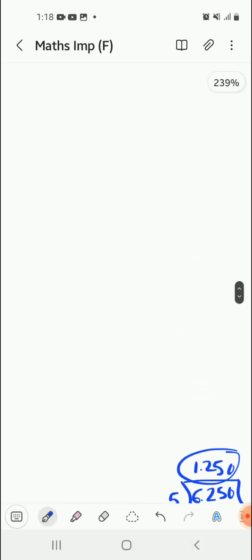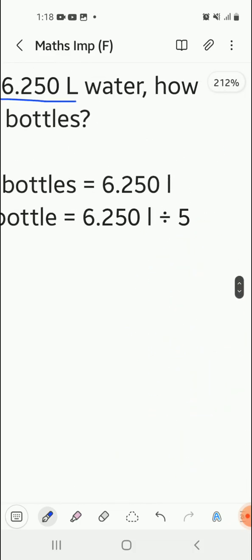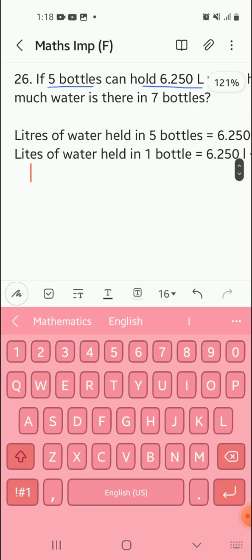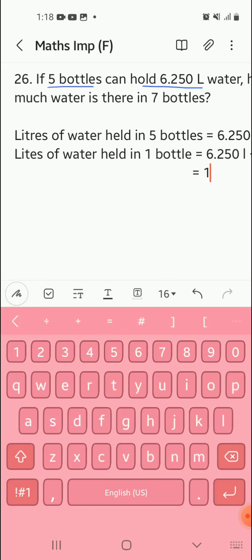Okay. So we will use it over here. That is number of the liters of water held in 1 bottle is 6.250 divided by 5, that is 1.250 liter.